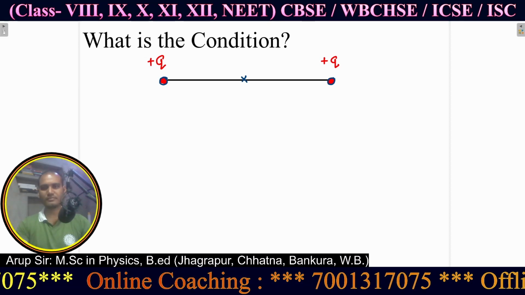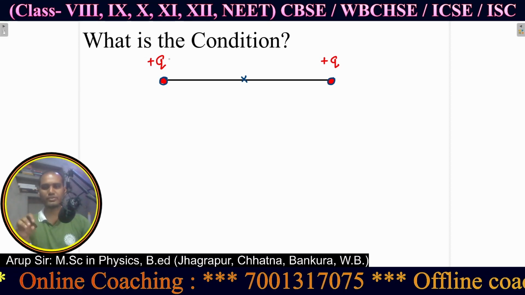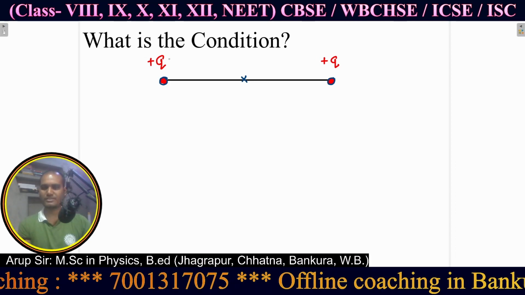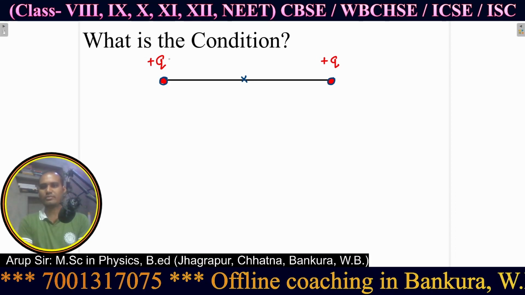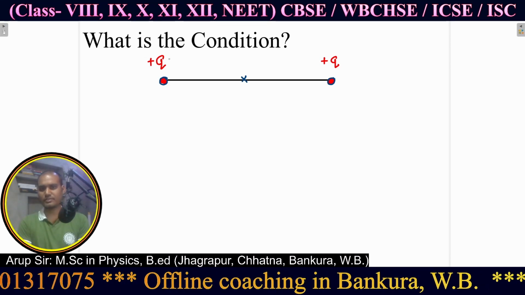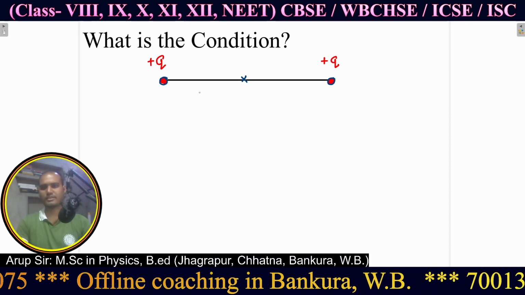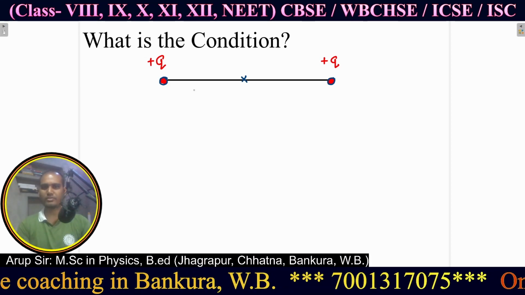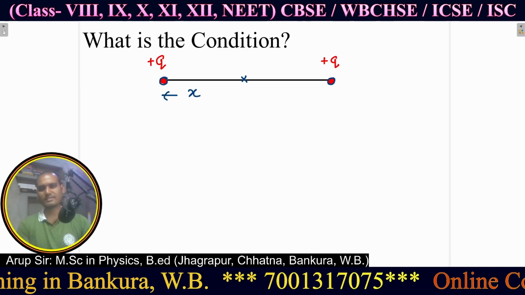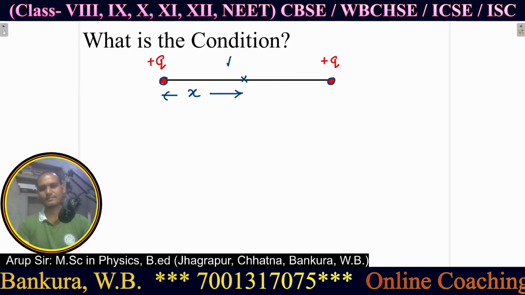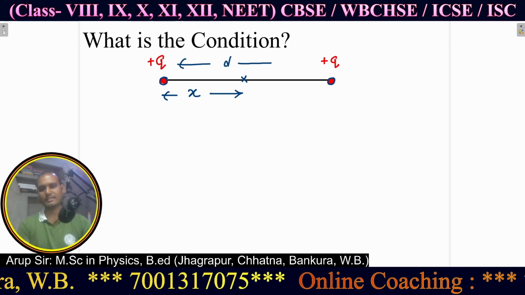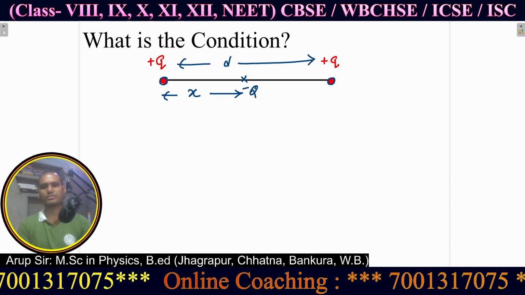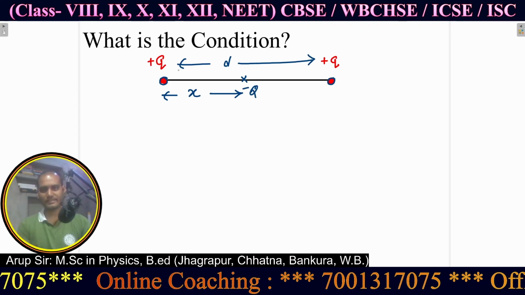Now if the question is where should we place the charge, obviously in between these two charges, right? Now is it the central position where we can put the object, or is it not the central position? Means at the midpoint or not. For that, let us consider x is the distance, total distance is d, and x is the distance from this negative q charge to any one charge.